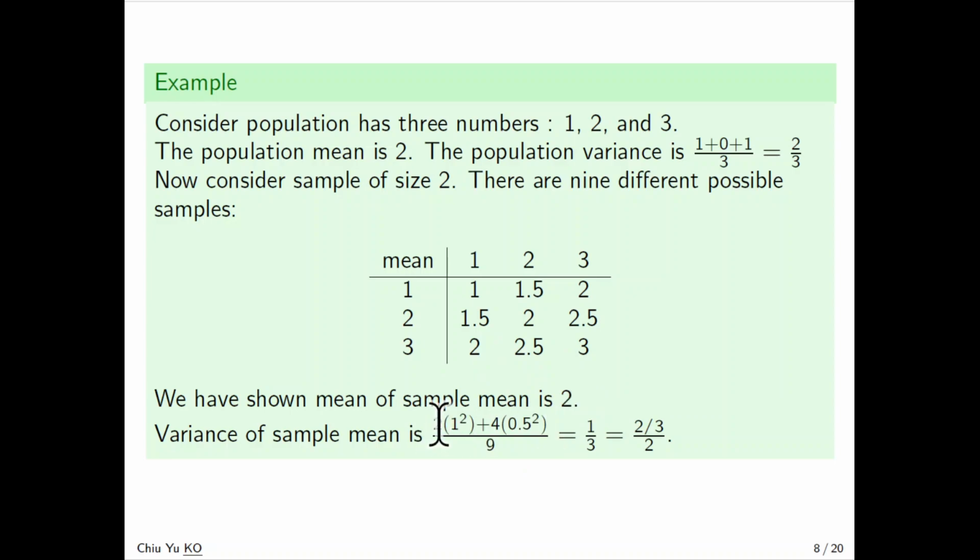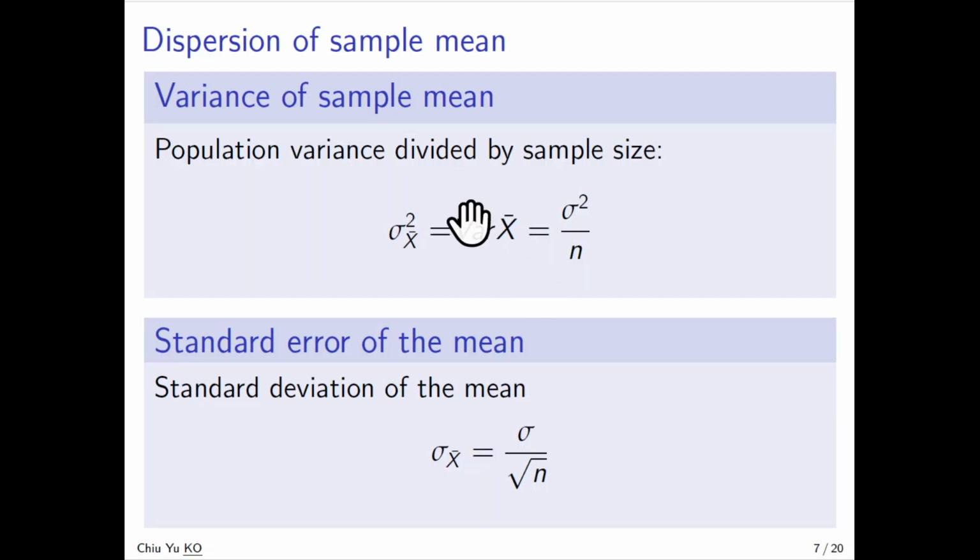So that's 4 plus 1 over 9, this is 1, this is 3 over 9, which is 1/3. You can rewrite it as (2/3) over 2. Why? Because 2/3 is the population variance, and 2 is the sample size. So that's why we validate this formula: the variance of the sample mean is indeed the population variance divided by n. So that is the idea.